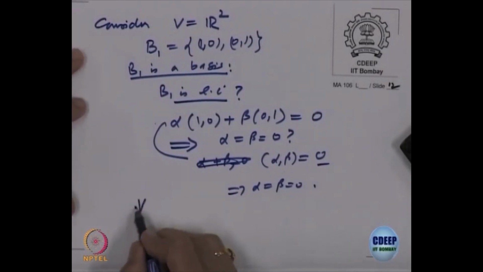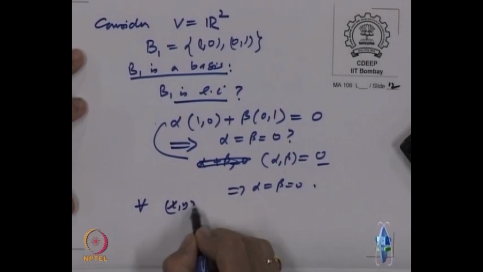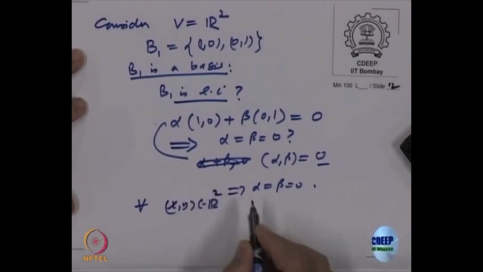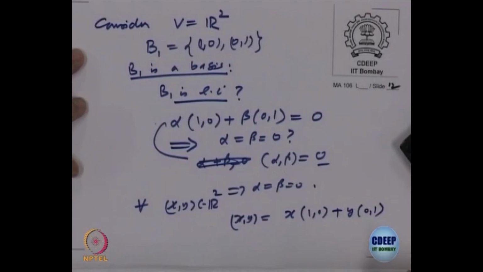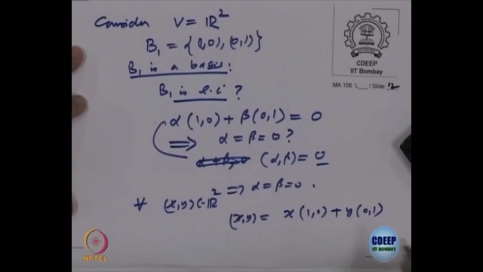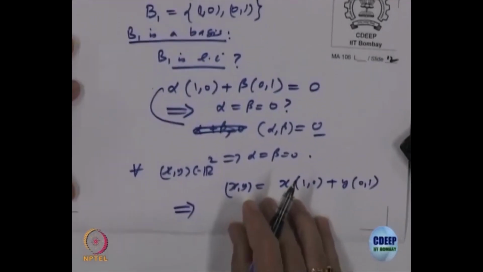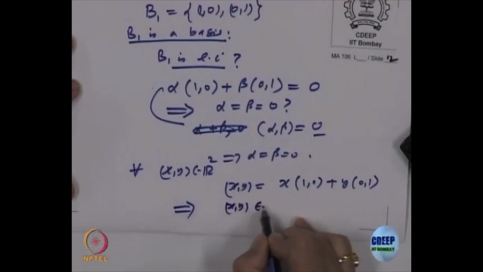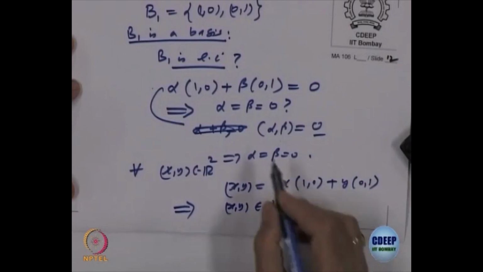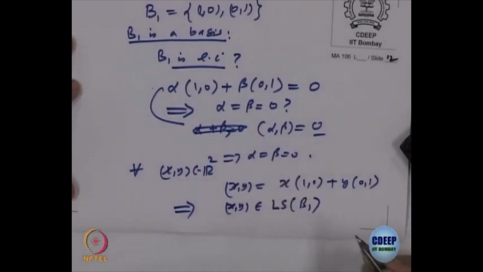Now, for every (x, y) belonging to R2, I can write (x, y) equal to x times (1, 0) plus y times (0, 1). What does this imply? That means any vector in R2 belongs to the linear span of B1.